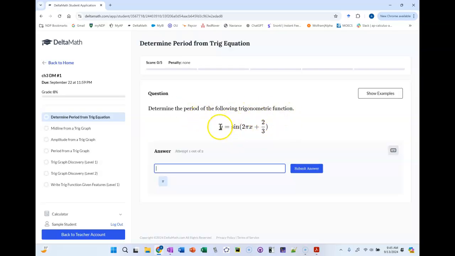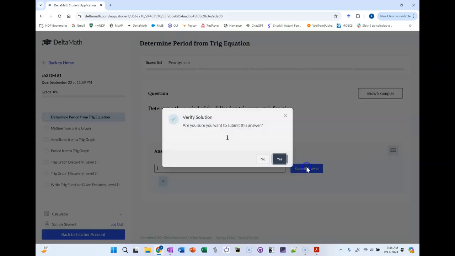So I ask you to determine the period. So what part's going to tell me the period? I need the C. So this is 1 over C, right? So C is 1 over 2 pi. And I just multiply that by 2 pi in my formula. So I get the answer is 1.